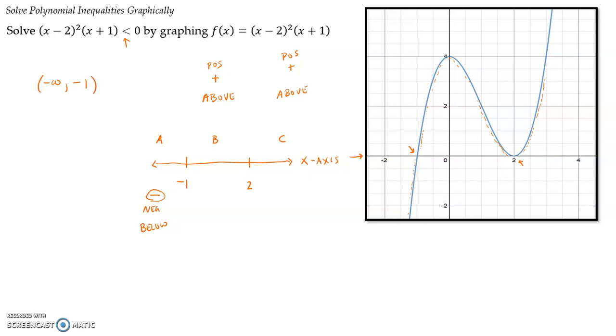And we want to put a parenthesis on this negative 1 because we do not have an equal-to bar with our inequality. We don't want to know when it's equal to 0, we just want to know when it's less than 0. So everything from negative infinity up to negative 1, not including negative 1 itself, will be our answer for this question.